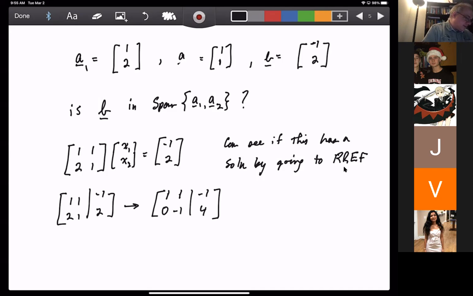And I can make a pivot now on the bottom right. So I multiplied my second row through by -1.